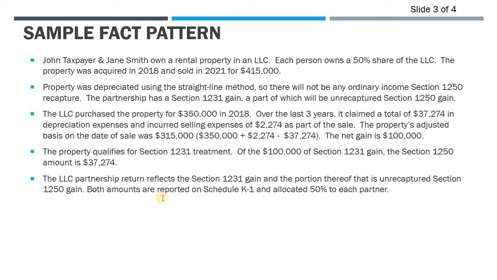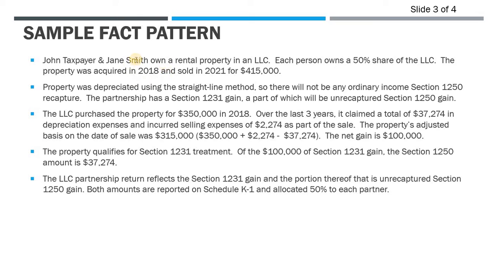Okay, so let's go to the third slide, and then we will talk about the fact pattern here. So here's our fact pattern. I'm going to run through the fact pattern first, then we'll look at the 1065 partnership return, and then the 1040s. So we've got John and Jane here who own a rental property through an LLC. Each person owns 50% of the LLC, so they're equal partners. And in 2021, they sold this property for $415,000.